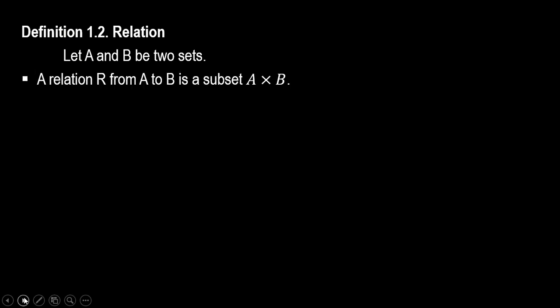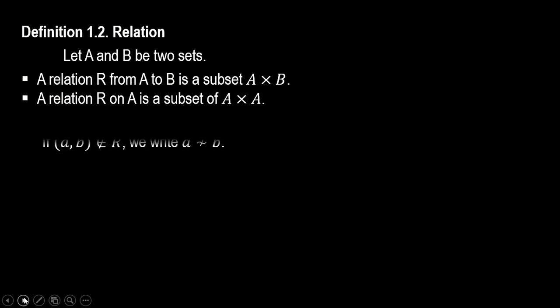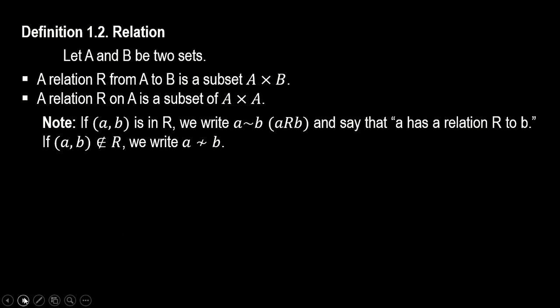A relation R from A to B is a subset of the Cartesian product of A and B. And also, a relation R on A is a subset of the Cartesian product of A and A. Take note that we can have this notation, and we can read that as A has relation R to B. If it is not, we can denote it by this.